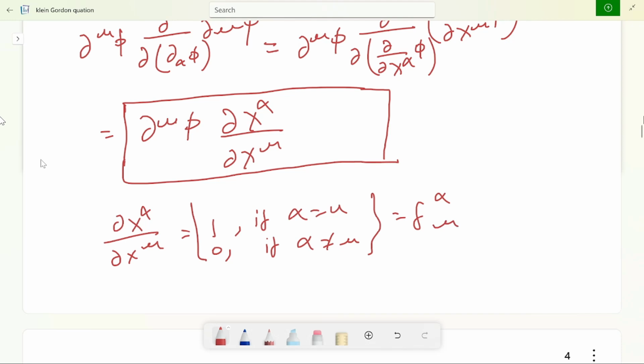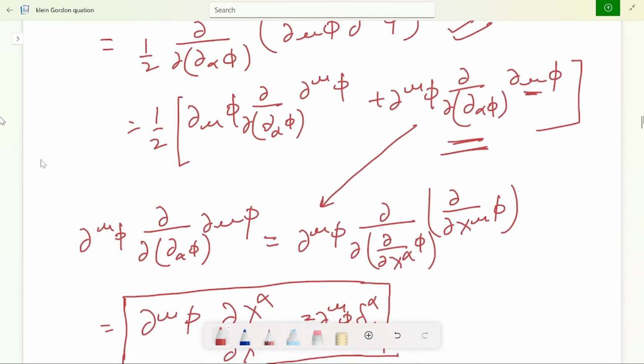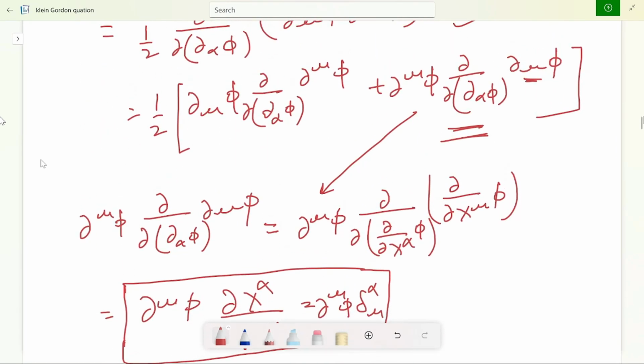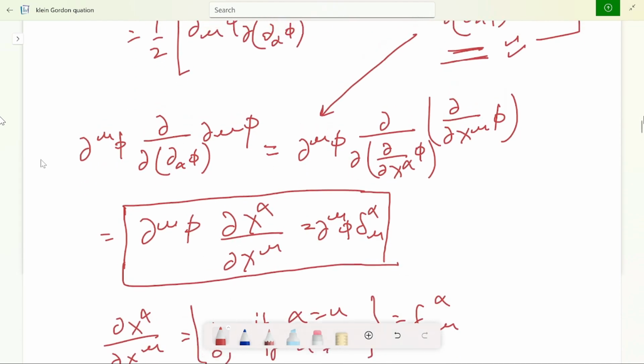So what we have got here is nothing but the Kronecker delta. So this is going to be d mu phi and followed by the Kronecker delta. So we have essentially solved the first part of the equation, which is this one, right? We have solved this part.